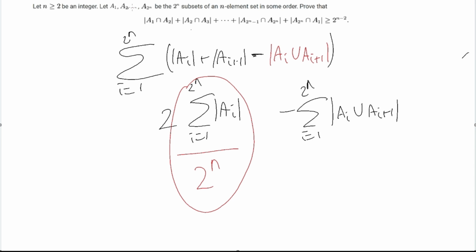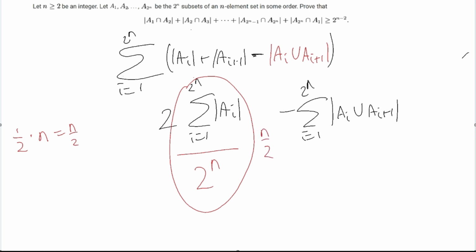Well, every single element has a 1/2 chance of being in that subset. So it basically contributes 1/2 of an element, because it sometimes contributes 0 elements and sometimes 1, half and half of the time. So we end up doing 1/2 times n, which is n over 2.